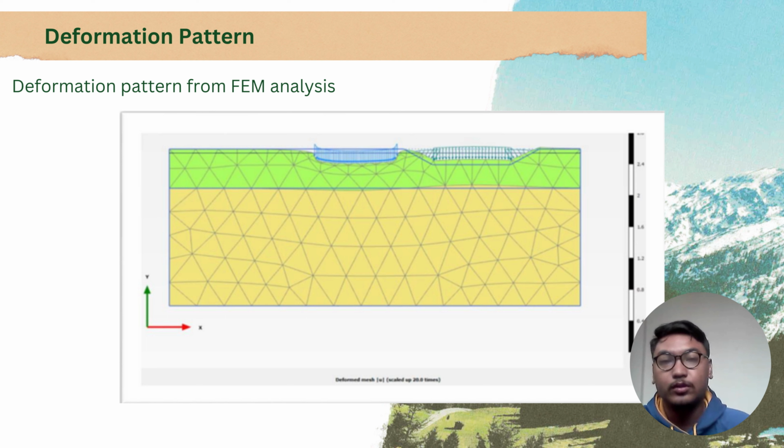This is due to the fact that it has the highest value in terms of settlement and excess pore pressure. The remainder of the examples were nearly identical to case 20. The distorted mesh produced the highest value of 0.16 meter.